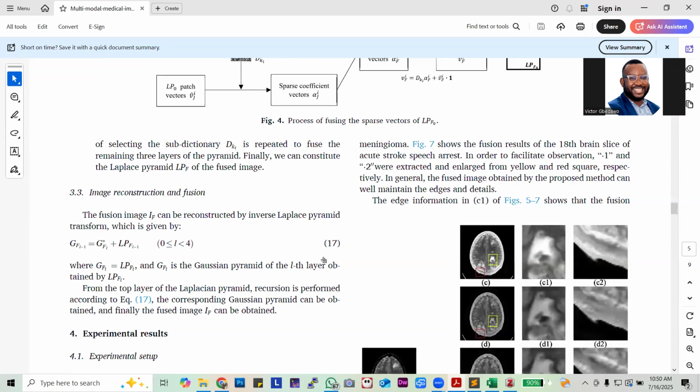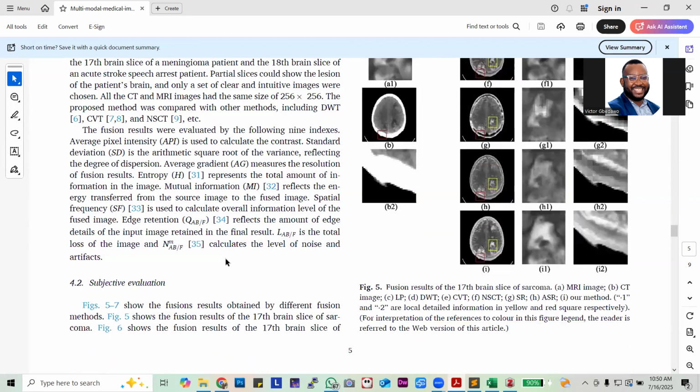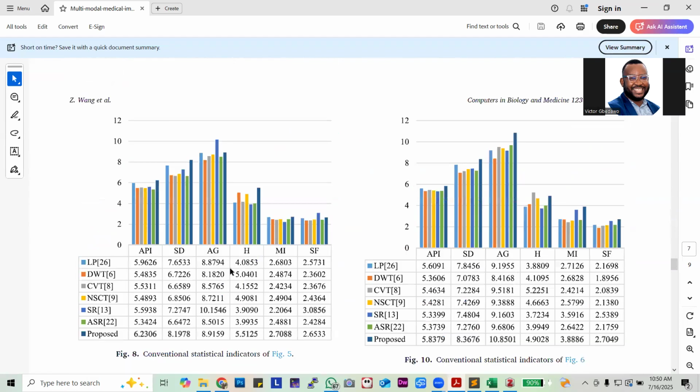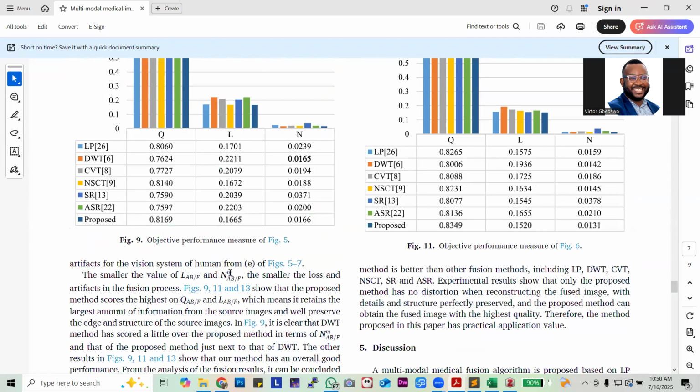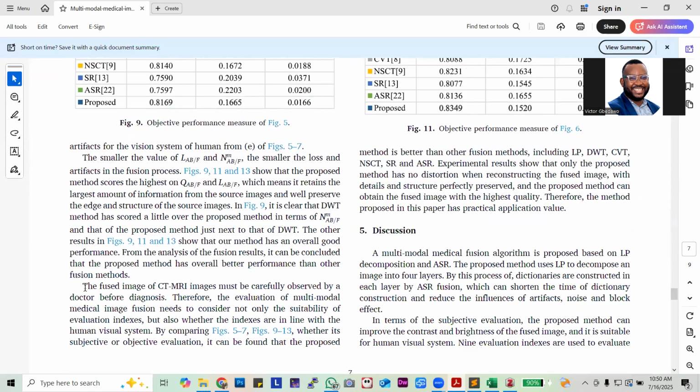So based on this result gotten from the experiments, we need to see their conclusion, what they concluded on. So this is it. So the fused image of CT MRI images must be carefully observed by a doctor before diagnosis.